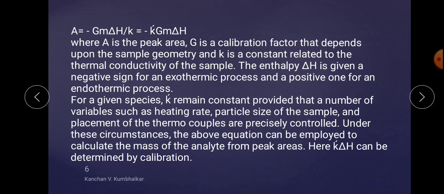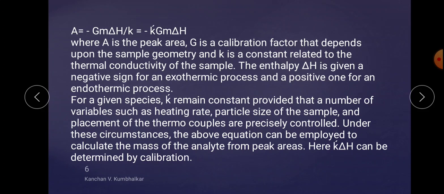So the heating rate, particle size of the sample and placement of the thermocouple must be precisely controlled. If they get deflected, K dash may get deflected. Under these circumstances, the above equation can be employed to calculate the mass of analyte from the peak area.